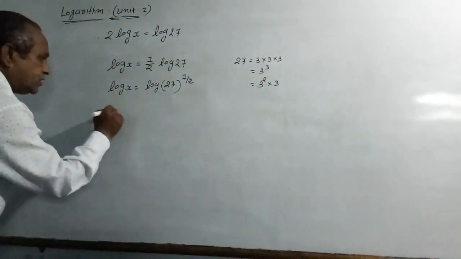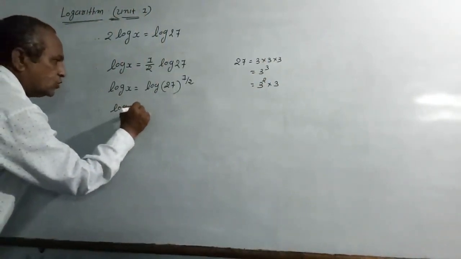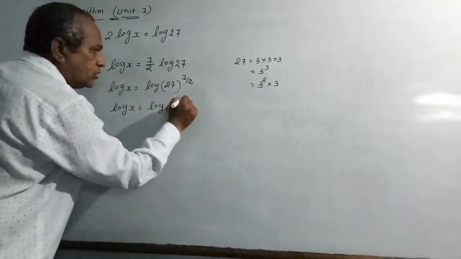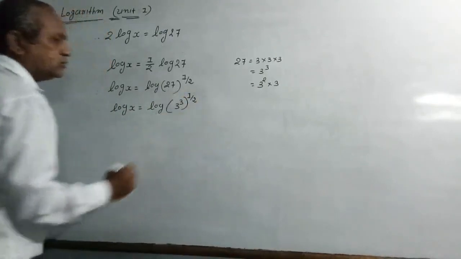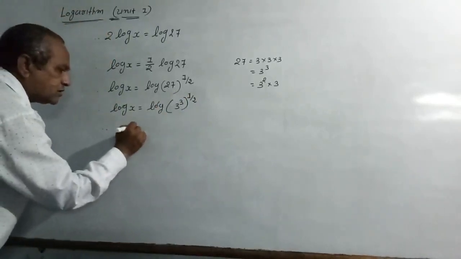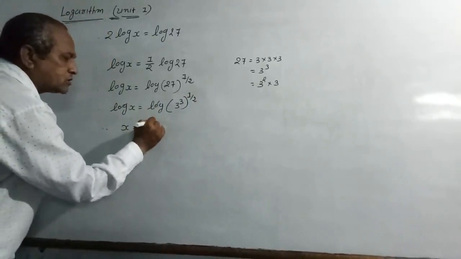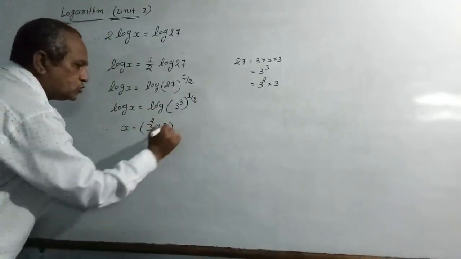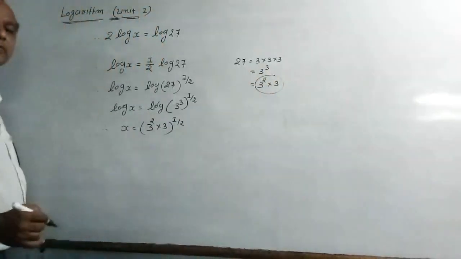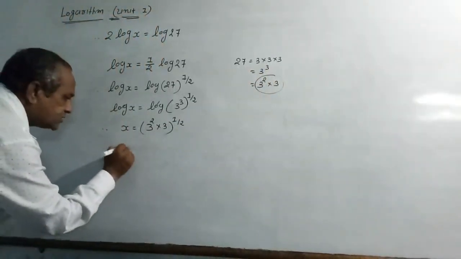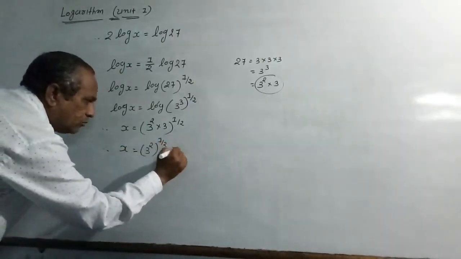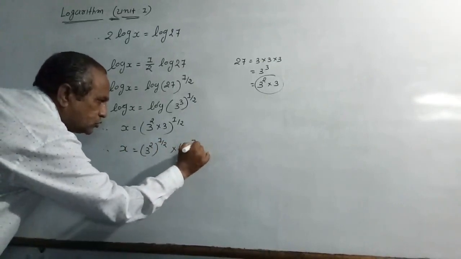So first we write log x is equal to log 3 cube raised to 1 by 2. Removing log on both sides, x is equal to 3 square multiplied by 3 raised to 1 by 2, because 3 cube is equal to 3 square multiplied by 3. So x is equal to 3 square raised to 1 by 2 multiplied by 3 raised to 1 by 2.